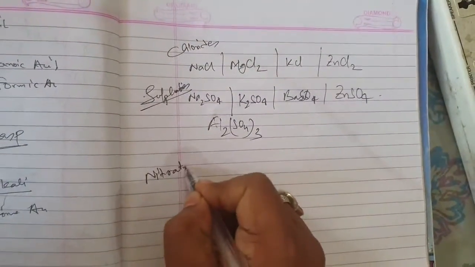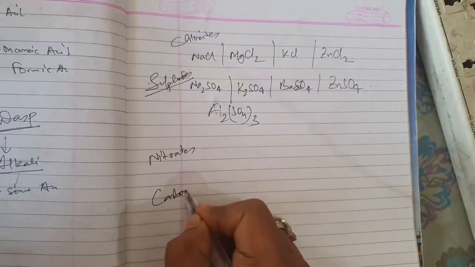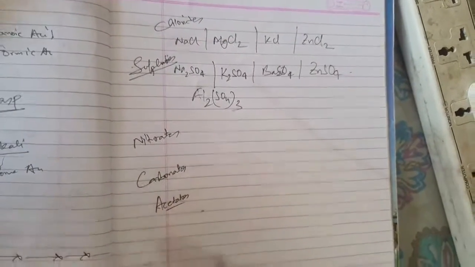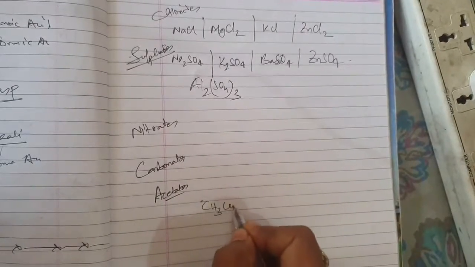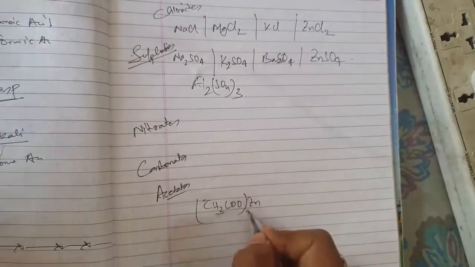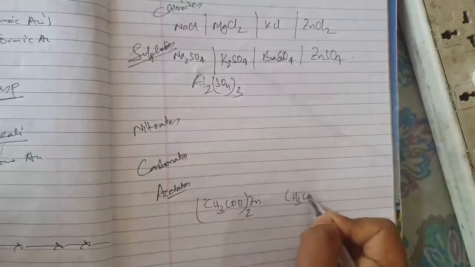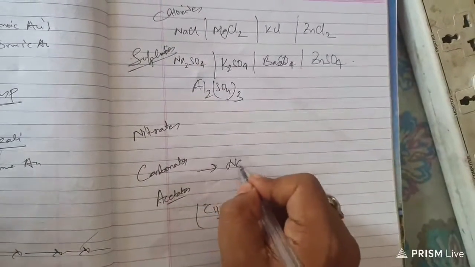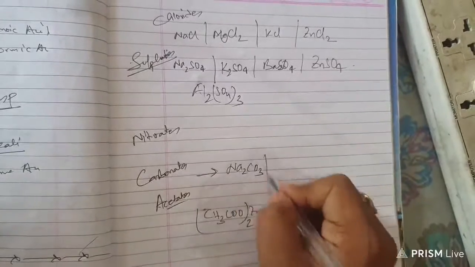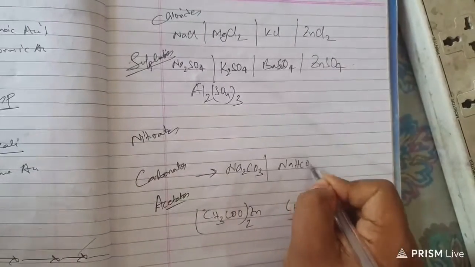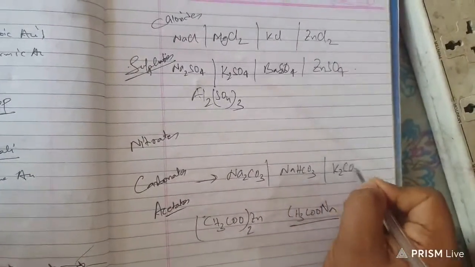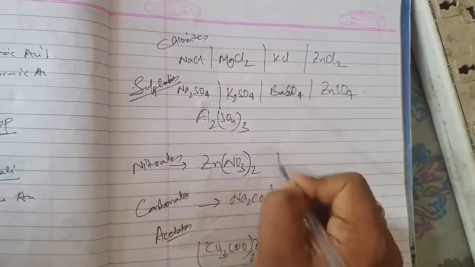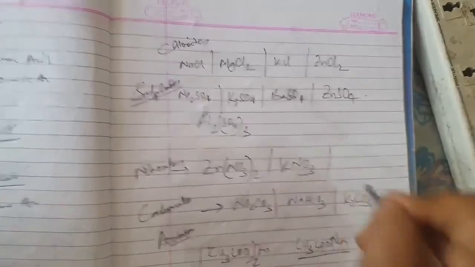Acetates are, for example, (CH3COO)2Zn or CH3COONa. Carbonates: Na2CO3, NaHCO3 bicarbonate, K2CO3, all these things. Nitrates: Zn(NO3)2, KNO3. So all these salts I hope you recognize.